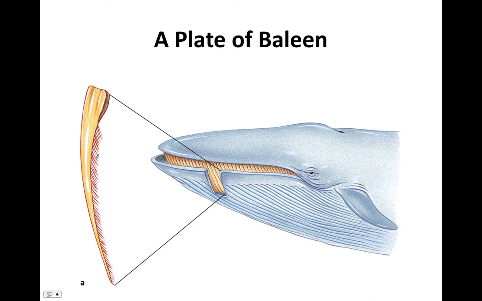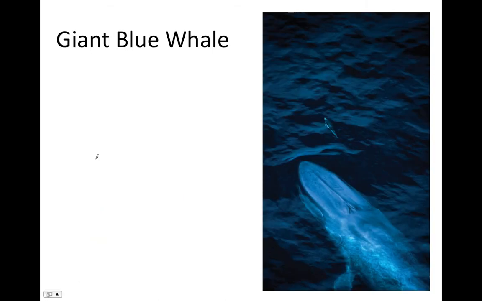So this allows them to filter all that plankton out of the water. So they need to eat that plankton because they need a large, abundant food source to support their massive body mass. So here's a picture of a great blue whale next to a dolphin for size comparison.